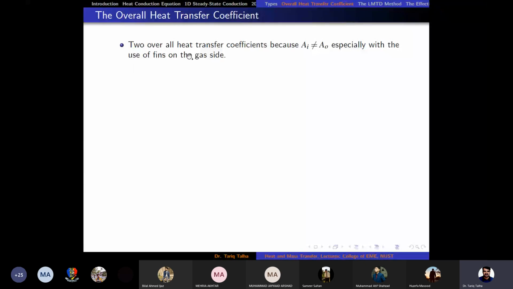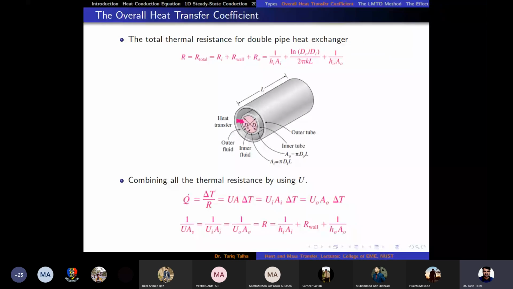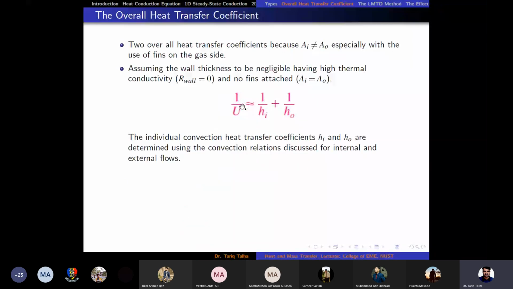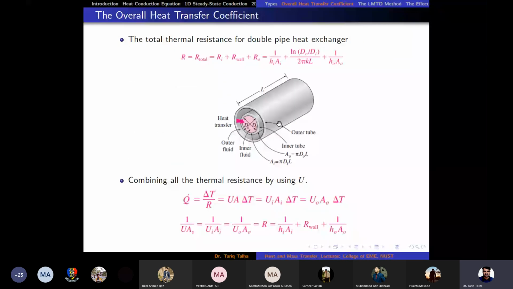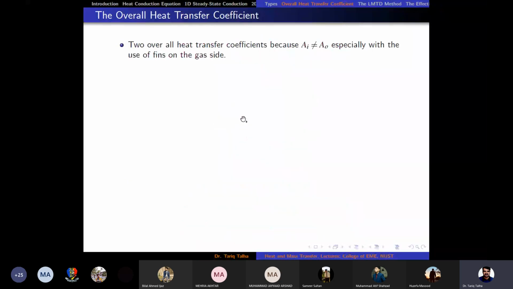But if we ignore those fins and say that the pipe thickness is very negligible, then the conduction resistance is very low because the thickness is very small. So this natural log of d outer upon d inner would be very small, and we can also assume that the k value is very large for that tube because we want maximum heat transfer between the inner and outer fluid.